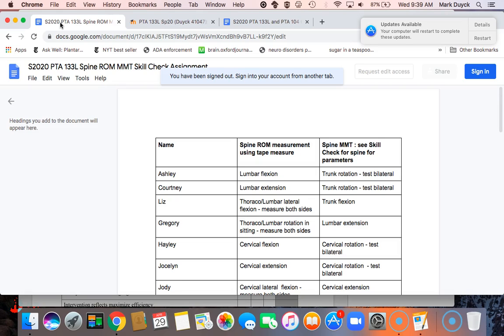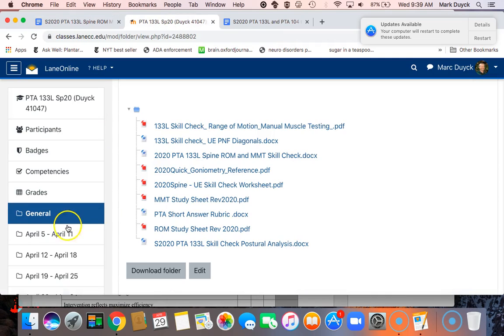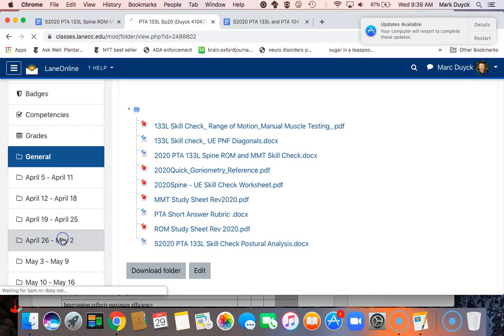So you have your skill check assignment, which lives in Moodle. It was posted yesterday, which was Tuesday, and that lives in week 4.